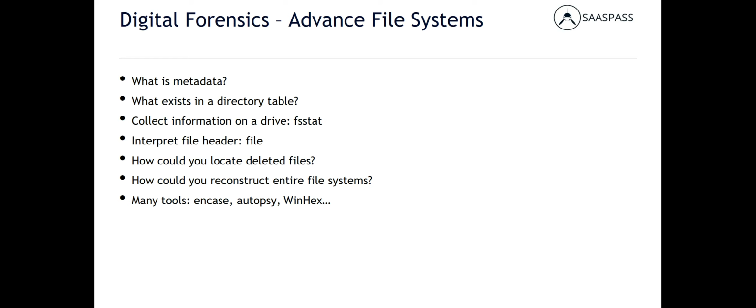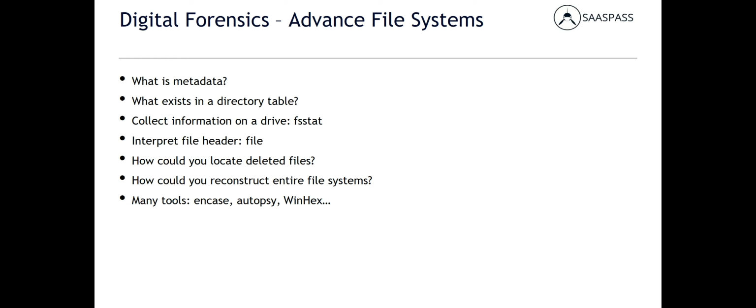This could be very difficult, and you may need to learn the details of each file system, each directory structure, each file header, and luckily we have some dedicated software for that. EnCase is a proprietary software. It is very famous.